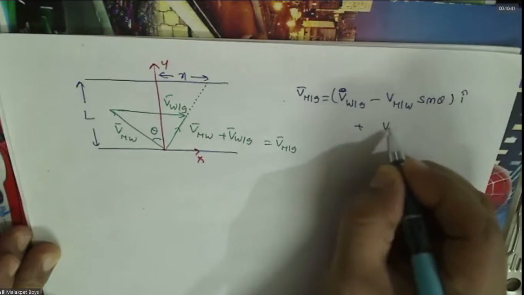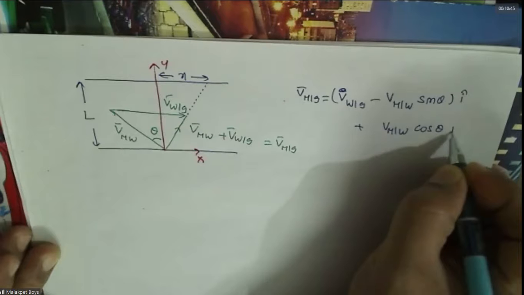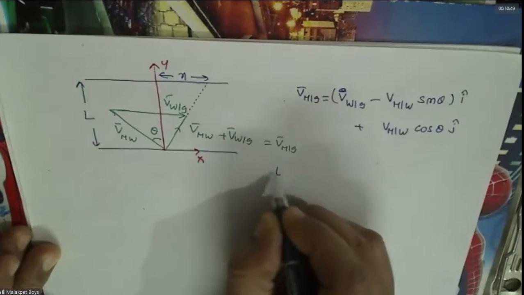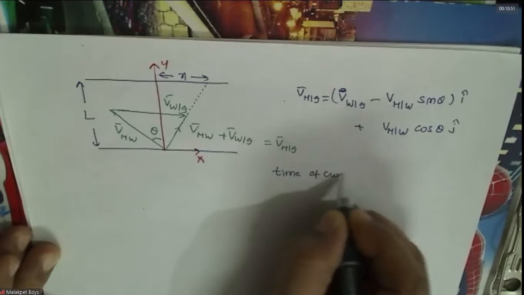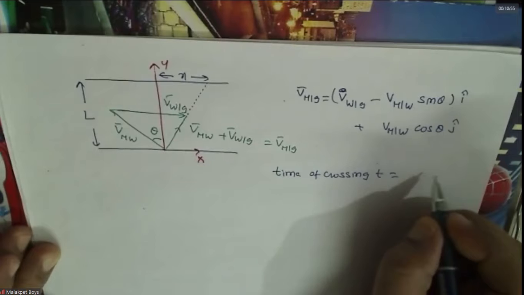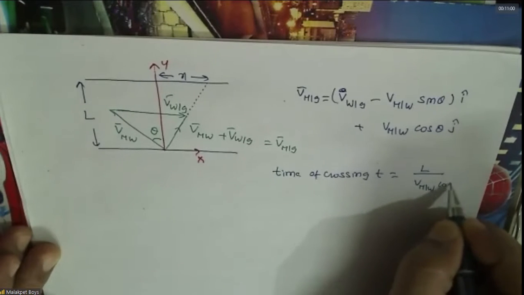Then the time of crossing, T equals L by VMW cos theta.